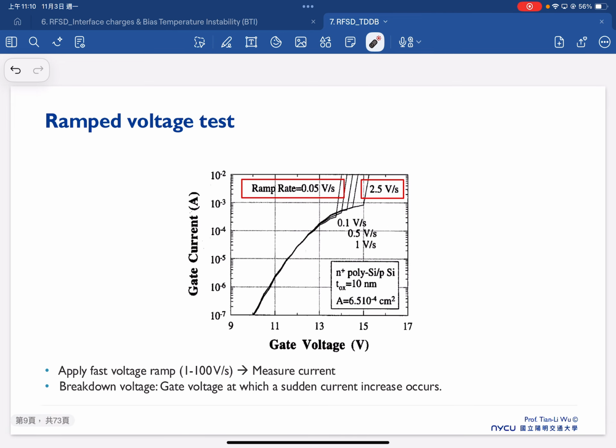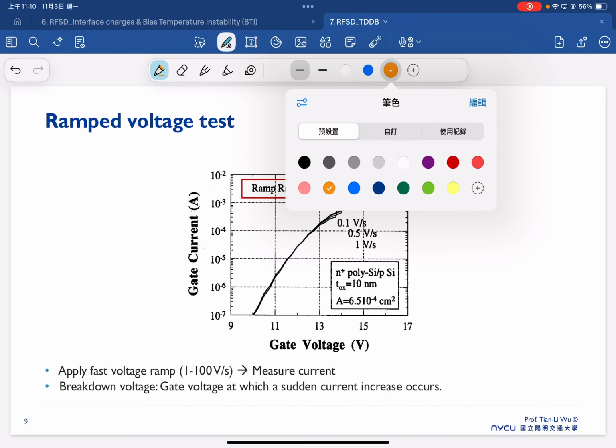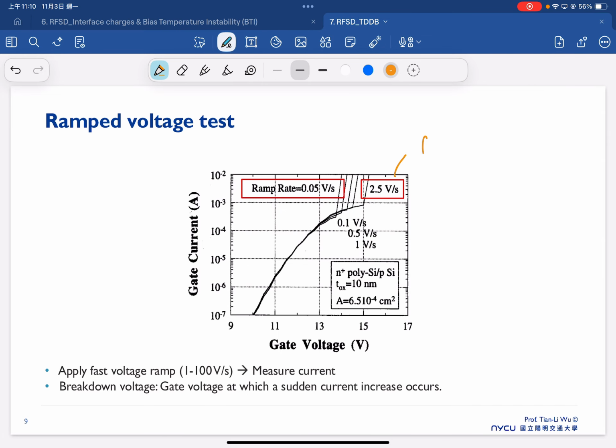So here is another example, just to illustrate the comparison with two different ramp rates. In the case of 2.5 volt per second, this is the case with fast, and this is the case with slow here.